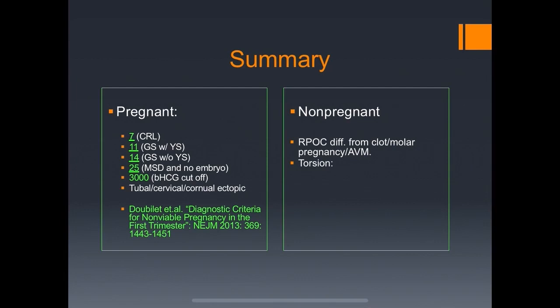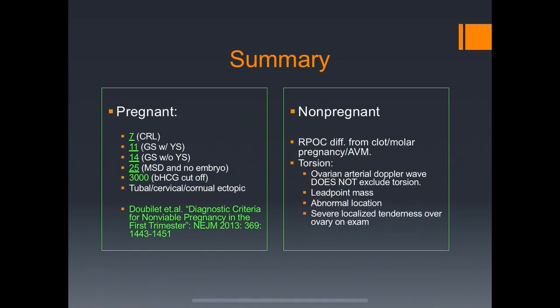That's a surgical emergency. Again, an arterial waveform does not exclude torsion. You're going to look for a lead point mass, abnormal location, severe localized tenderness on exam. I tend to use a dimension of greater than 4 centimeters to start thinking that maybe this ovary is enlarged.